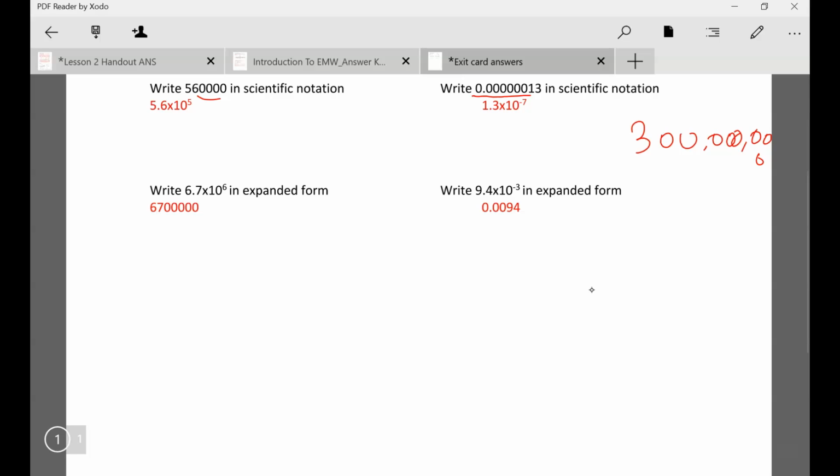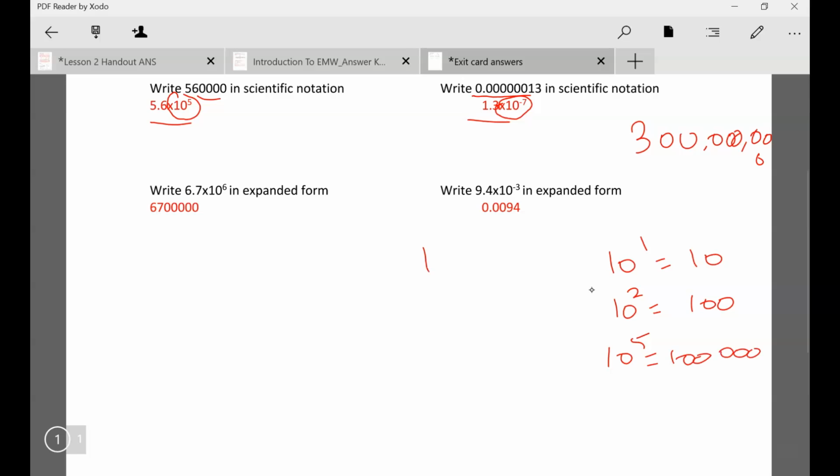So scientific notation is a shorthand way to write that using the symbol times 10 to the power of. That is what scientific notation is all about. We know that 10 to the power of 1 is 10, 10 to the power of 2 is 2 zeros, 10 to the power of 5 is 5 zeros.